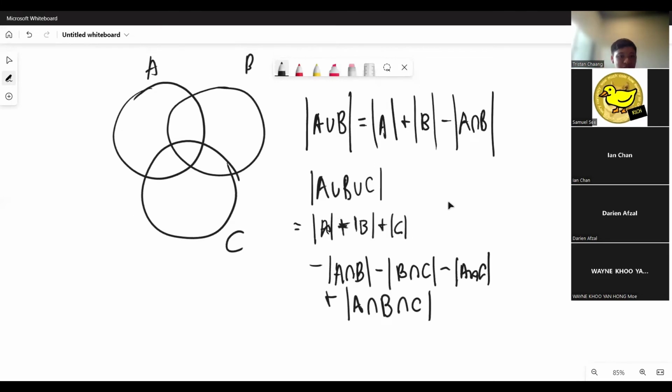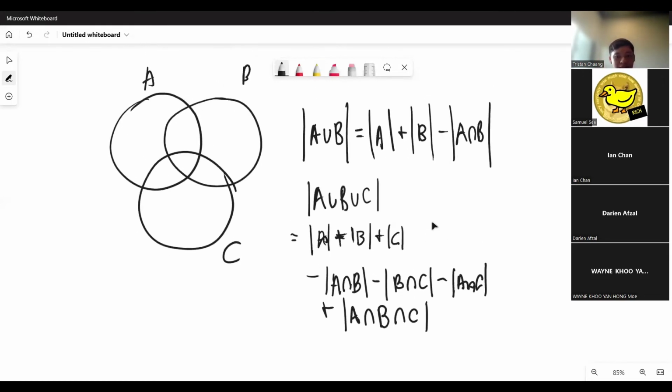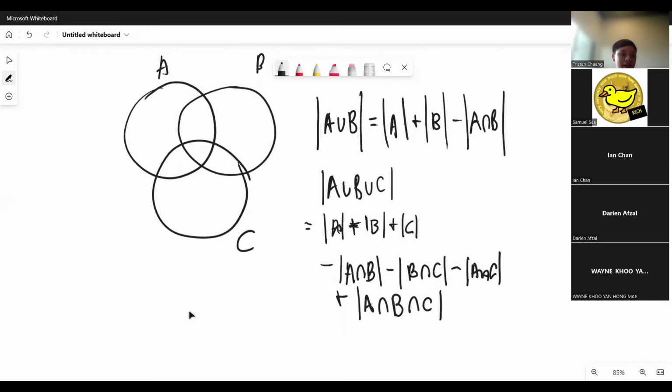But how do we prove that? In the handout, I gave 2 proofs. You can read it carefully. I will skip the proofs for now because it's a very lengthy proof, and I presented 2 kinds of methods you can prove this theorem or principle or whatever you want to call it.